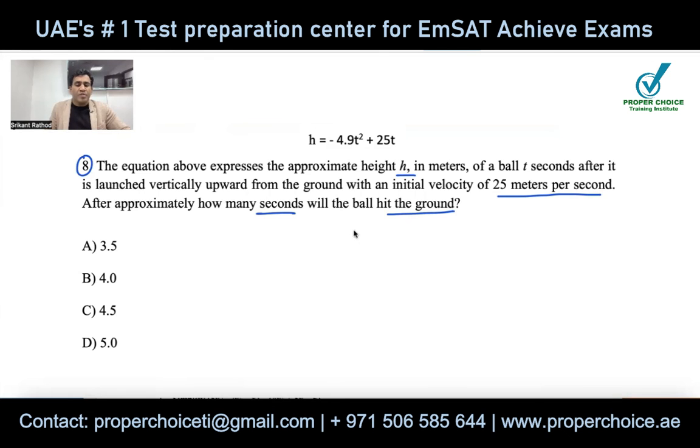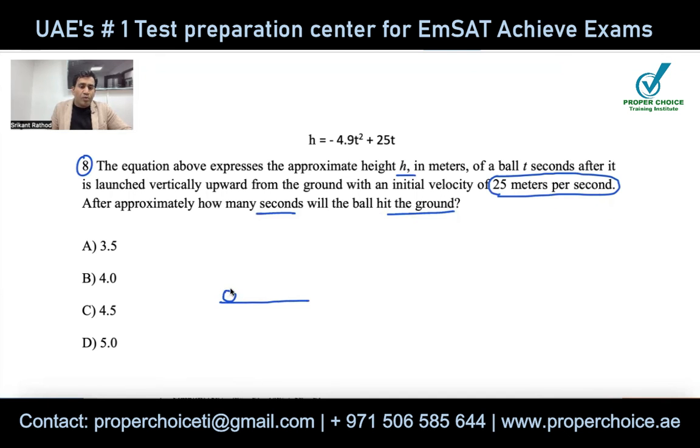So the ball has been thrown with an initial velocity of 25 meters per second. The question is asking, when the ball has been thrown, after how long will it fall again on the ground? Let's suppose this is the ground and the ball is here.